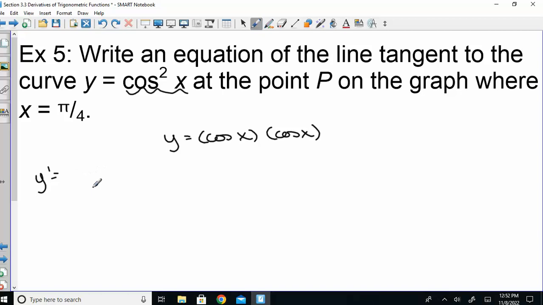So slope of the tangent line, we have the derivative. So derivative of the first, derivative of cosine is negative sine, times the second, plus the first, so cosine, derivative of the second. Derivative of cosine is negative sine.